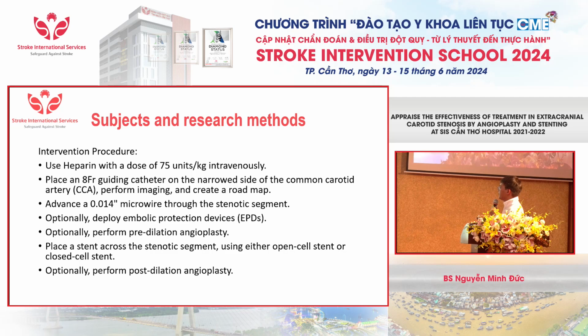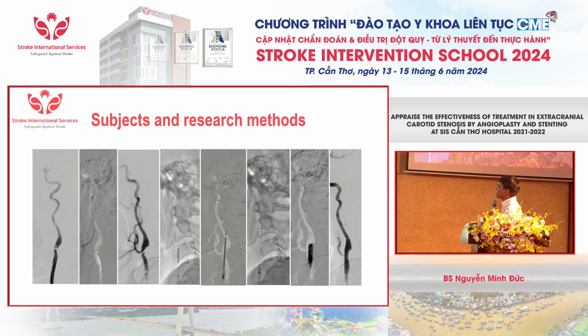Optionally, we deploy an EPD to prevent embolism, and optionally perform predilation angioplasty. We place the stent across the stenosis segment, either an open-cell or closed-cell stent, and optionally perform post-dilation angioplasty. This is the procedure.